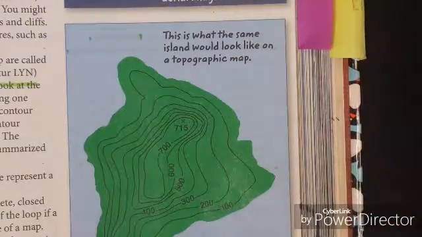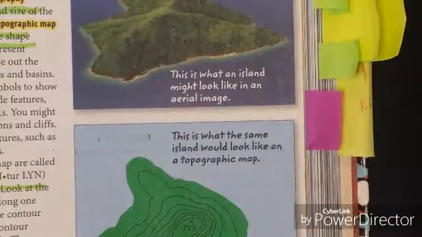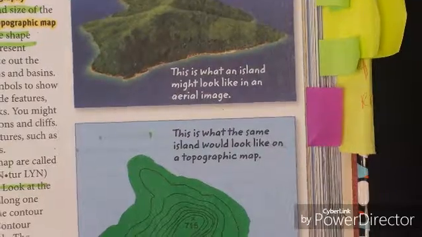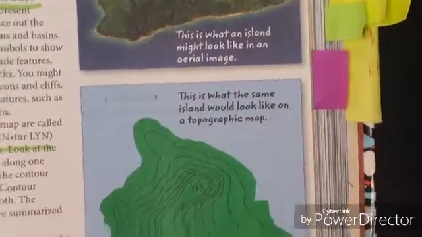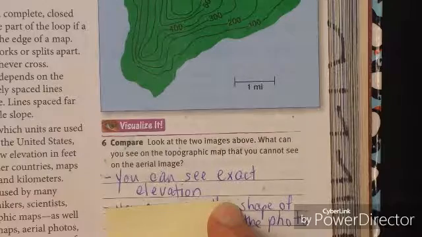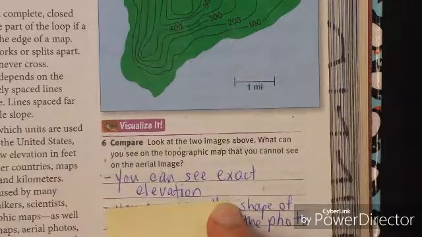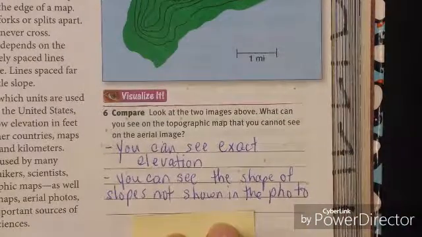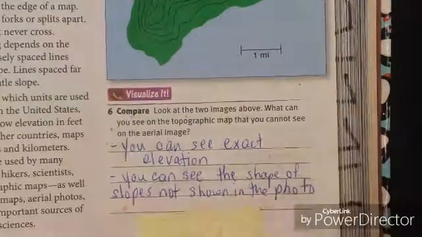These both show the same place. So the question is, what can you see on the topographic map that you cannot see on the photograph? Well, one thing is you can see the exact elevation. We can tell exactly how high above sea level each part of this island is. You can also see the shape of areas not shown in the photo, the shape of slopes not shown in photos.